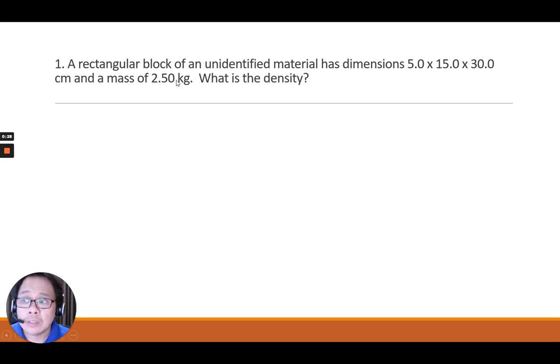Since we have mixed units, kilograms and cm cubed, we have to convert everything to MKS. So in number one, you're asked for the density, rho, which is equal to mass divided by the volume. Our mass is 2.50 kilograms.